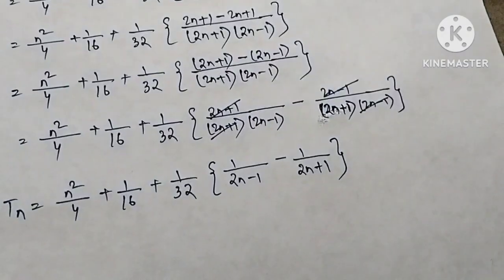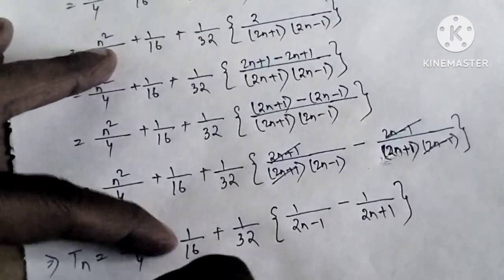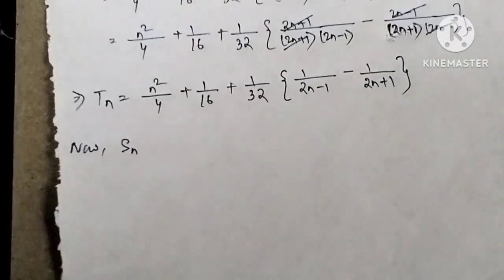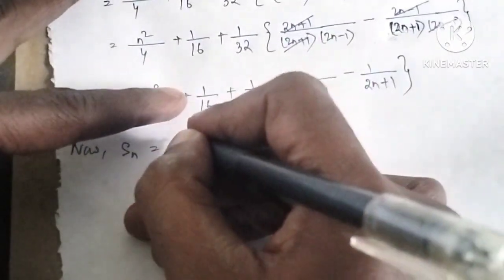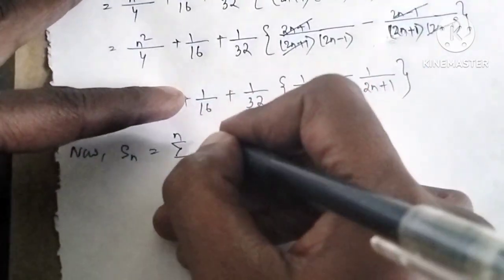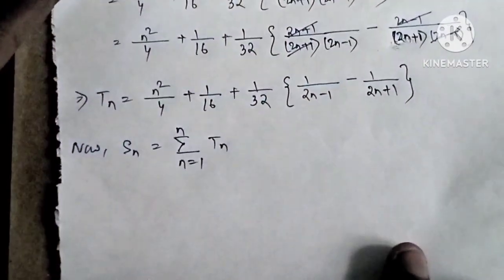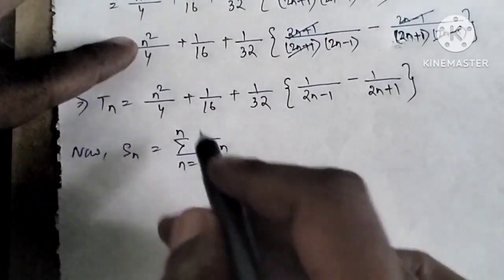Okay, so now Sn, that means sum of n terms. Okay, so sum of n terms will be sigma n is equal to 1 up to n tn. Okay, Sn will be sigma tn, n is from 1 to n.